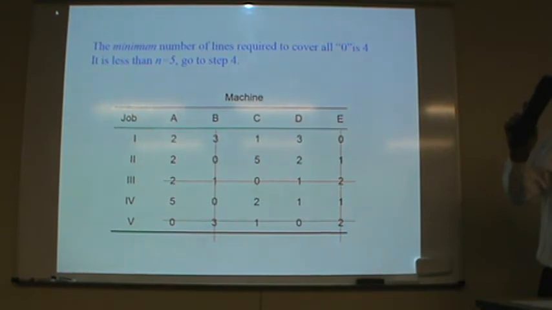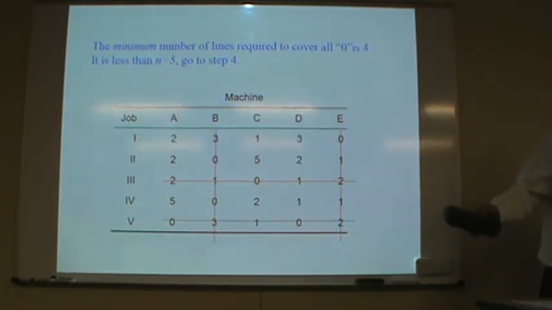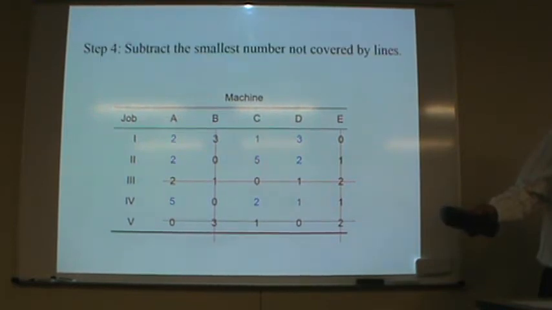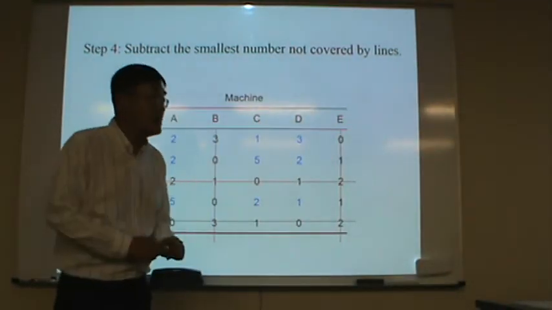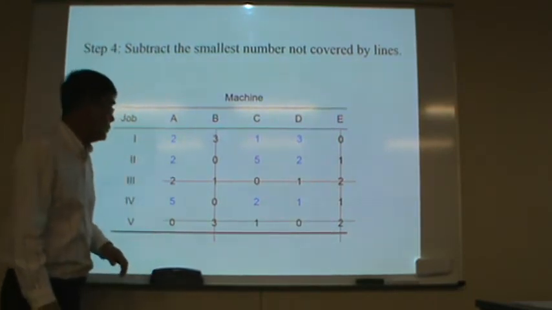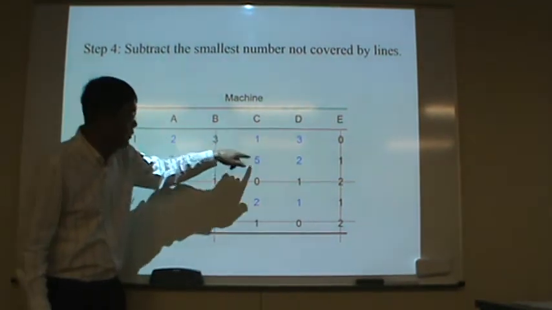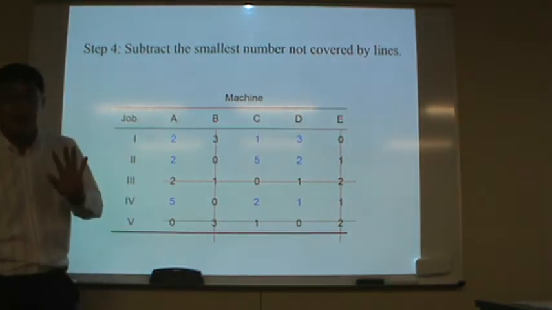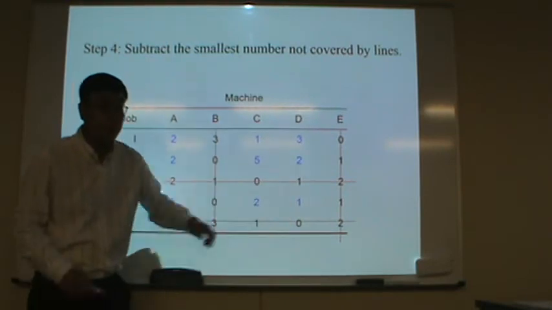The minimum number of lines required to cover all 0 is 4, but n equals 5. So we need another step, step 4. Subtract the smallest number not covered by a line. The numbers not covered are 2, 2, 5, 1, 5, 3, 2, 2, 1, right? Among them, smallest is 1.